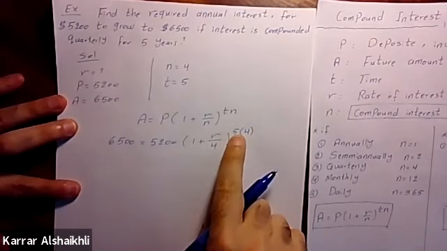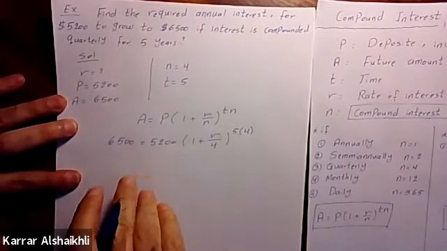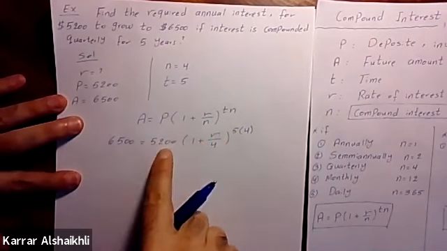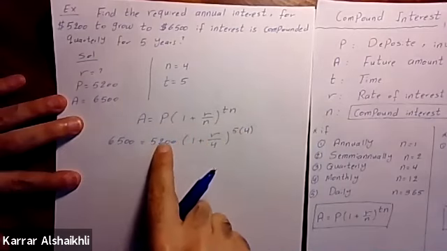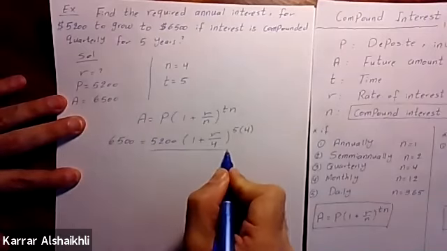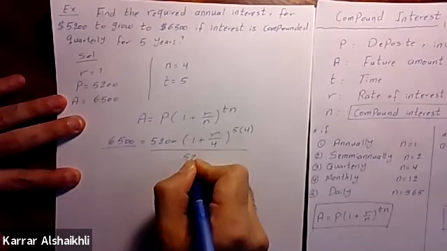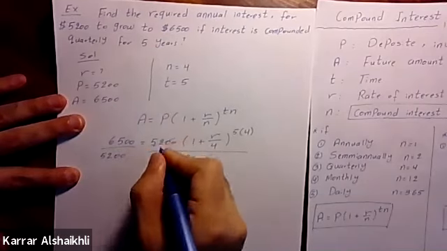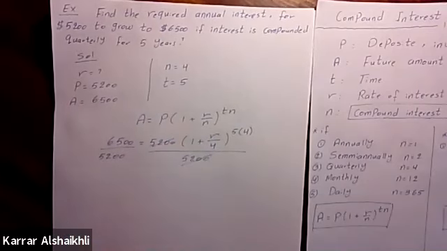Now I'm going to multiply these two numbers, which gives 20. But before that, here's the variable. Any number multiplying the variable part, I can cancel by dividing both sides by 5,200. So I divide this side and this side by 5,200. 6,500 divided by 5,200 is going to be 1.25.